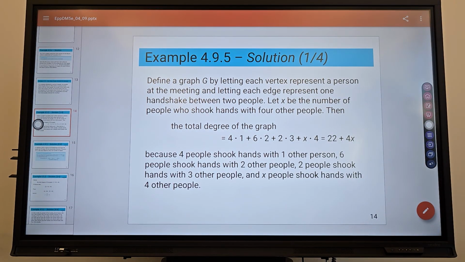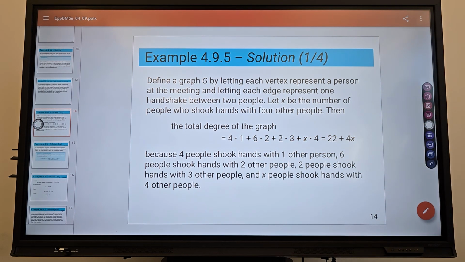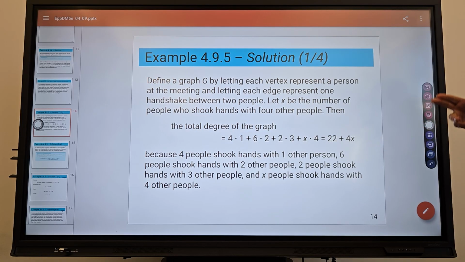So let's see if I did this right. Define the graph by letting each vertex represent a person at the meeting, letting each edge represent 1 handshake between 2 people. Total degree of the graph would be like we had there, the 22 plus 4x, or n.